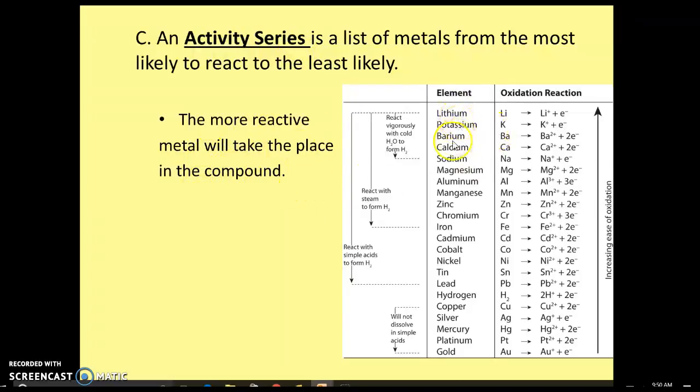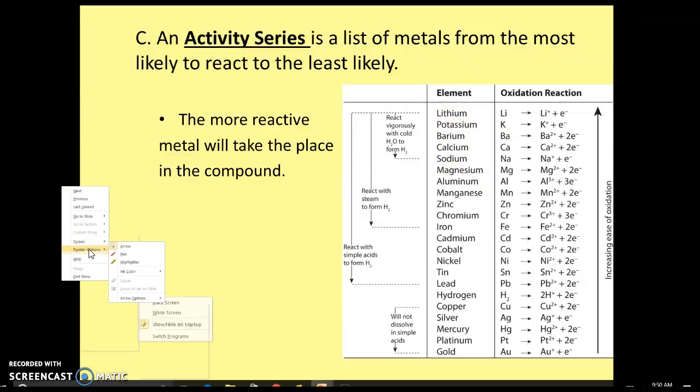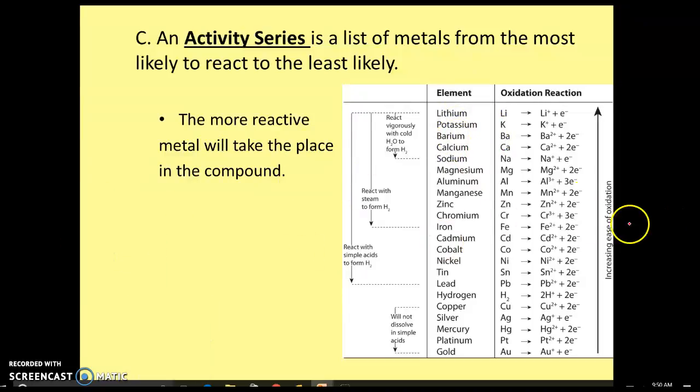If we look here at this picture, remember the reaction we took a look at between copper and iron. In the beginning, iron is up here, and copper is way down here.